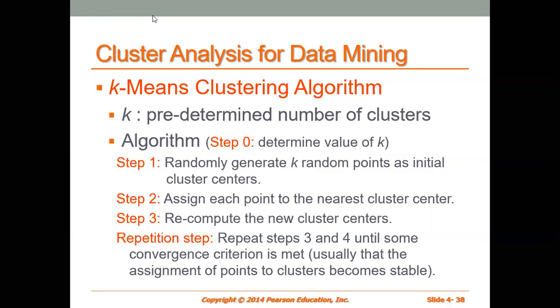We separate them. And then we regroup them, and at last the convergence is met. Okay, so the most important thing is the convergence. Convergence means that at the end you get all the 4 or 5 clusters.